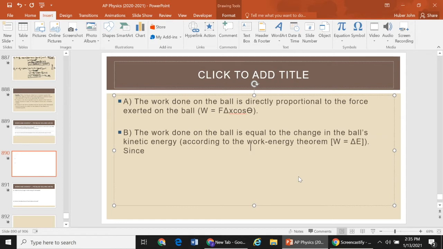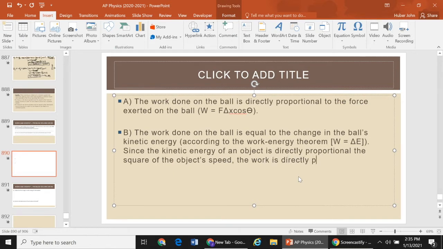So we could say, since the kinetic energy of an object is directly proportional to the square of the object's speed, the work is directly proportional to the difference in the squares of the object's initial and final speeds.